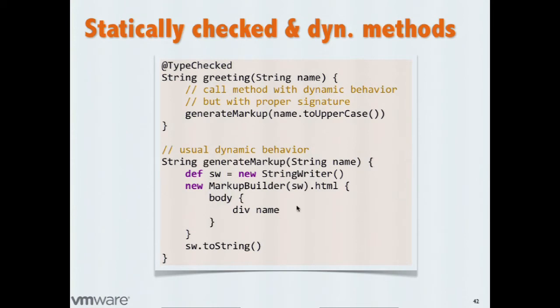And this kind of stuff cannot be type checked because you could be creating any kind of node. So there's no way the compiler can figure out your intent. So you can mix methods which are statically checked and usual dynamic methods by just annotating the ones which are type checked.